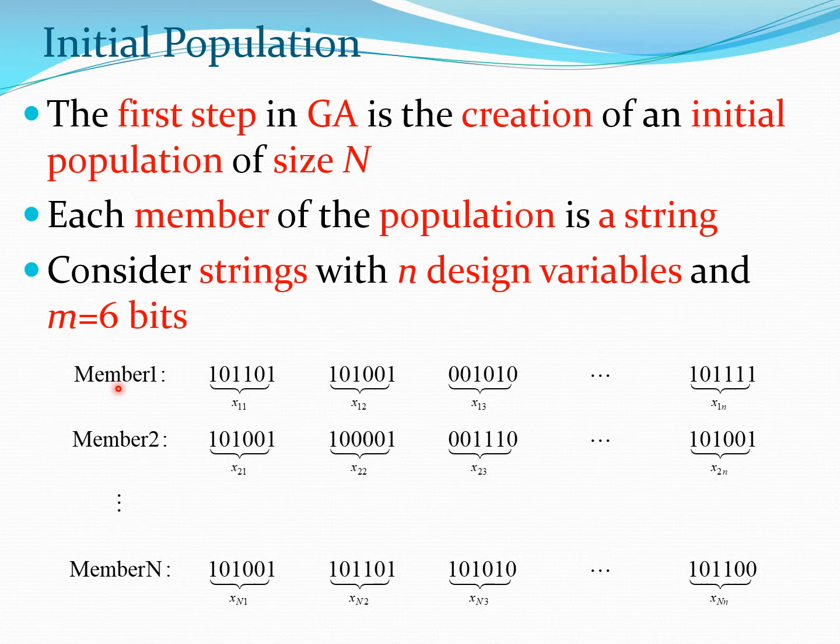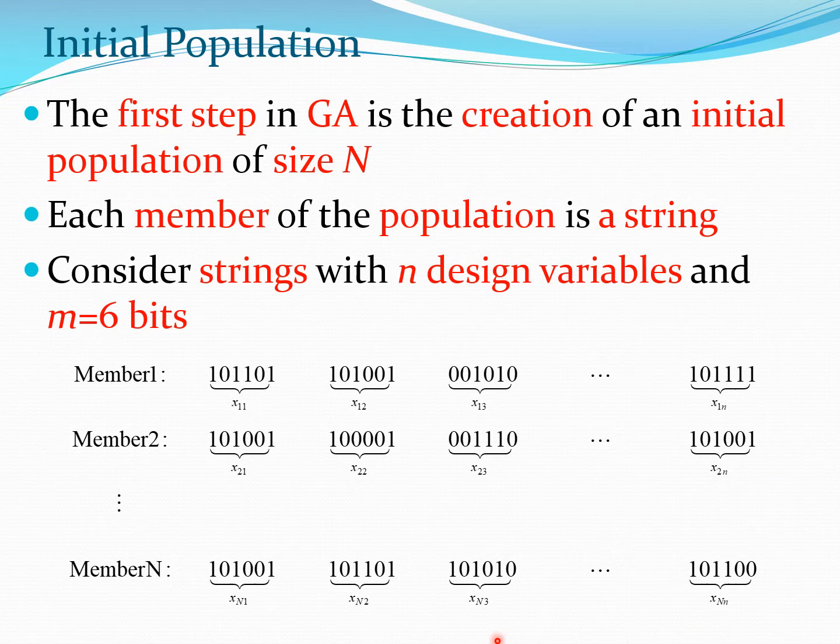Now each of these members is essentially a design vector. So if you recall, you have points x11, x12, x13 all the way to x1 small n. So the design vector has size x1, x2 all the way to xn, so it's an n-dimensional vector. So essentially you have capital N number of points in the design space.